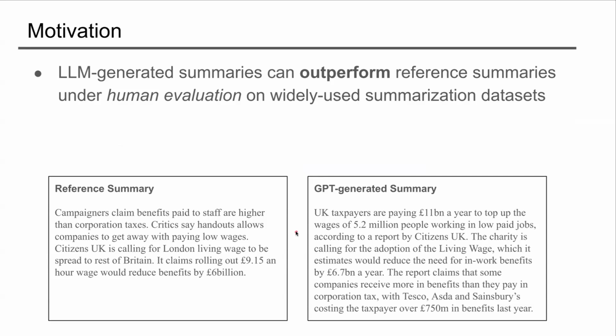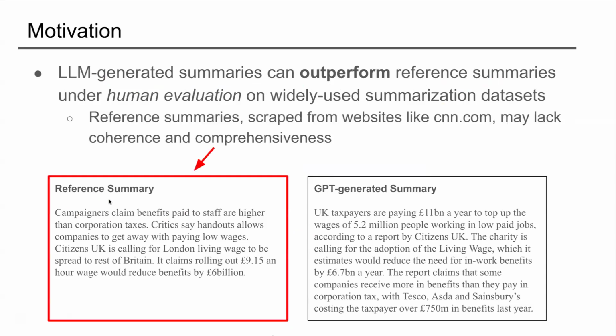To give you a little bit of background, usually LLM generated summaries can outperform reference summaries. And then you might ask, what are these reference summaries? These are the gold standard summaries in summarization data sets. And how they are created is actually, they are scraped from websites like CNN or Daily Mail and so on.